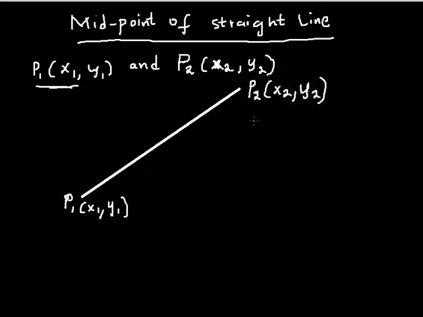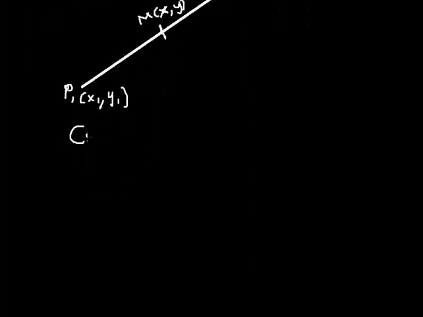So now we are looking for the coordinate of the midpoint. So I use M, of course, (x, y) to be the coordinate of the midpoint. So what we are looking for now is the coordinate of that midpoint, the coordinate of the midpoint.